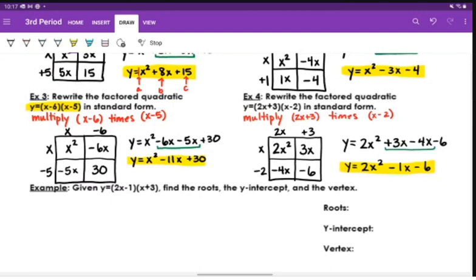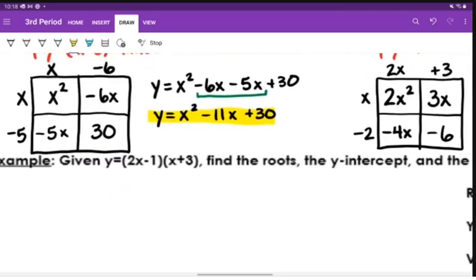Gigi, can I get you to help me out? Look at the top of your page. The factored form helps us find what? What features of a quadratic? The roots. Thank you. So in this question, we have a factored quadratic and they want us to find the roots. So that's convenient.